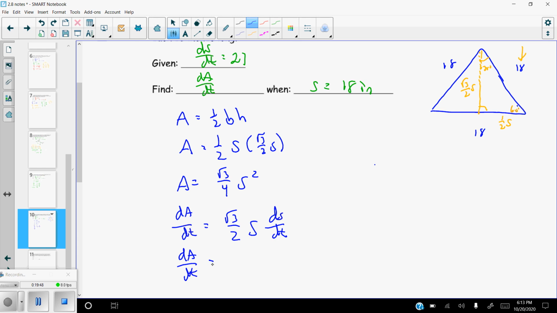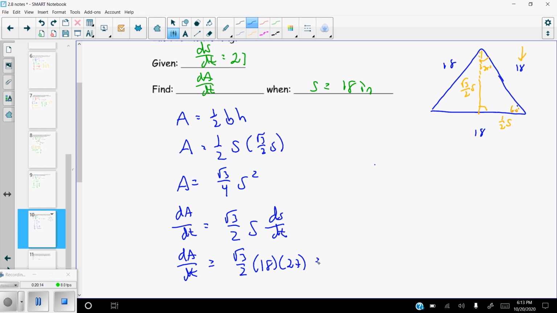So square root of 3 over 2. The side is 18. ds over dt is 27. So simplifying that, let's see, 18 over 2 is 9. 9 times 27, not as easy to do that one mentally. It's the same thing as 27 times 3 times 3 more. 27 times 3 is 81.